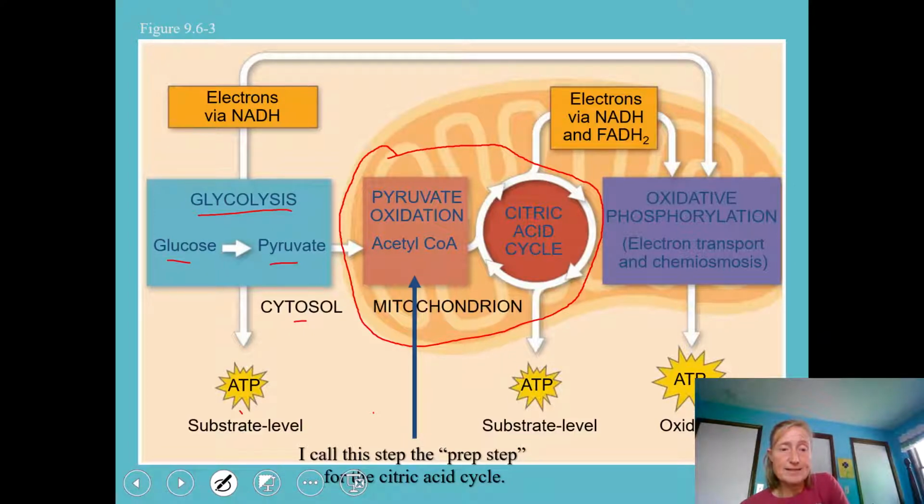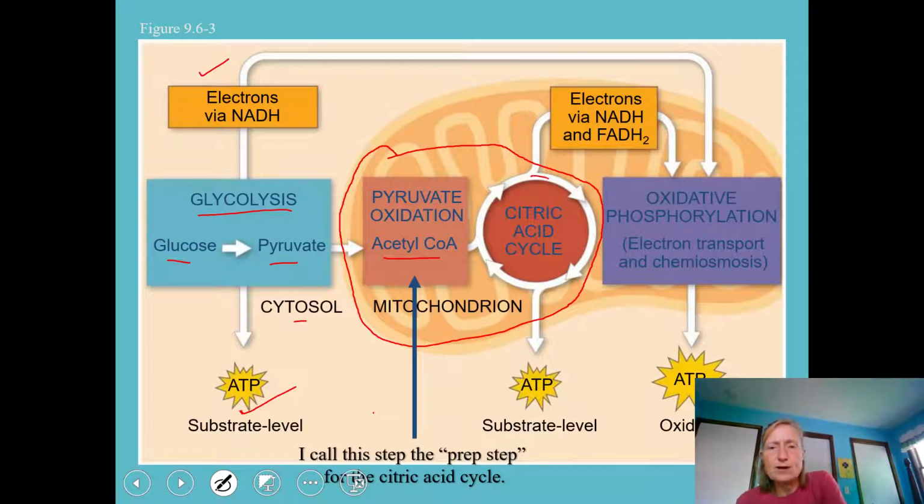We make a little bit of ATP, yay, and some NADH. In the pyruvate oxidation step, pyruvate is converted into this molecule called acetyl-CoA. This is happening inside the matrix of the mitochondrion. This is a prep step. What this does is it prepares pyruvate to enter the citric acid cycle.